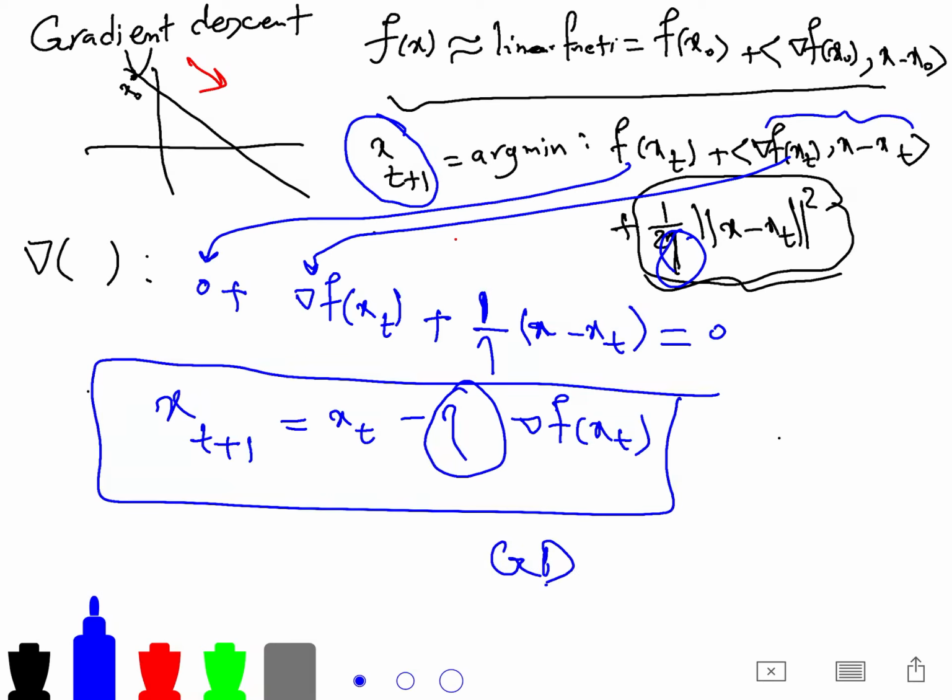When this penalizing term is too high, it means that eta is too small, your step size is too small, so you don't want to go very far at all. And this is the intuition behind gradient descent.